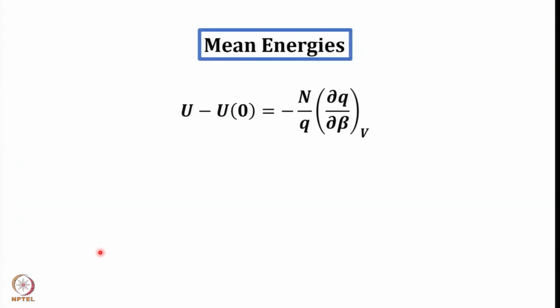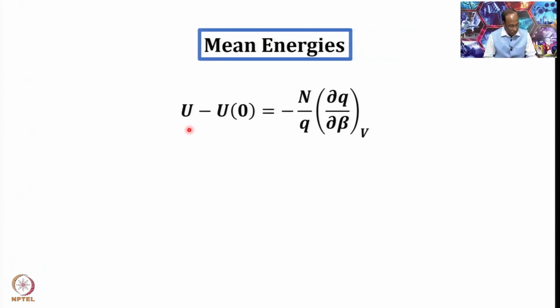Now, let us start discussing what we understand by mean energies. Internal energy relative to its value at absolute 0 is given by minus n by q del q by del beta at constant volume. This is the internal energy. What is internal energy?